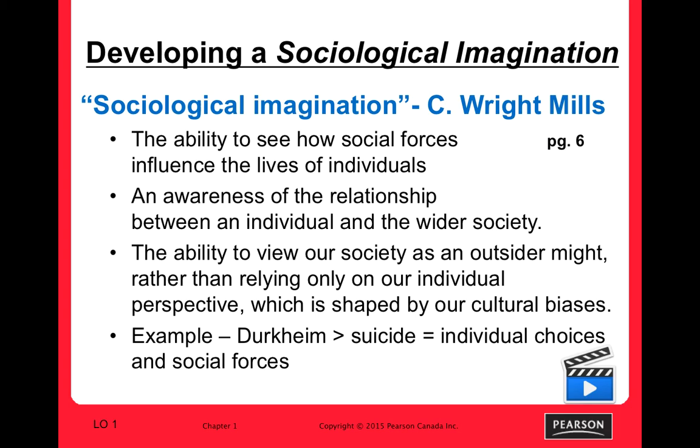But Durkheim reminded us that it's really connected to our environment, and that we can look at the identities or qualities of people who take their own lives and understand the social context of those things in order to better understand why they happen.